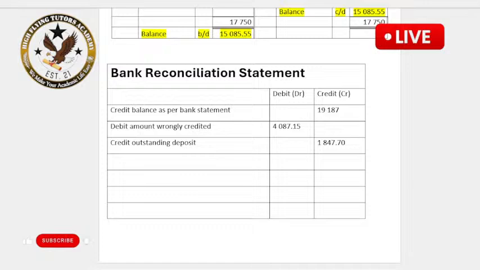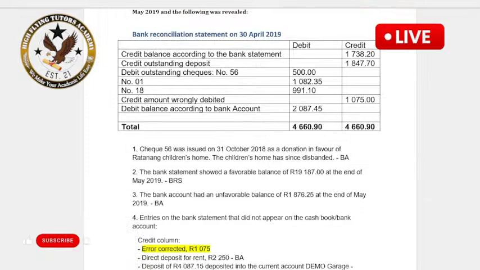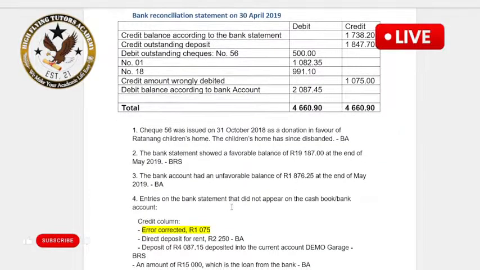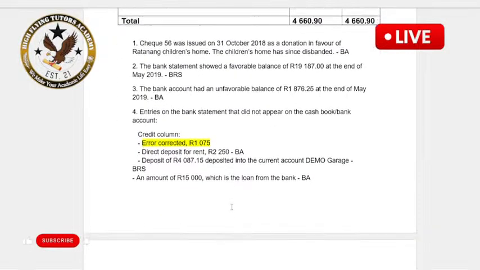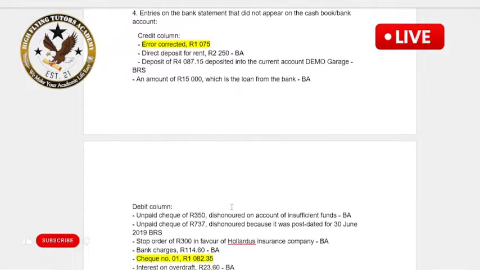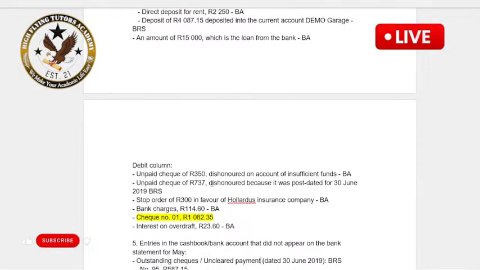So the next additional information is the one of 737. This was an incorrect payment, because it is dated to be paid on the 3rd of June.